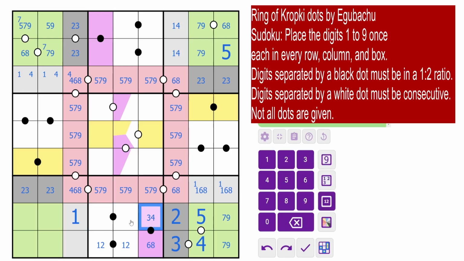Okay, so of course they will be repeating. What else can we do here now? 4 is not here. 4 is here. So either that is a 4 8 pair or that is a 4 8 pair.